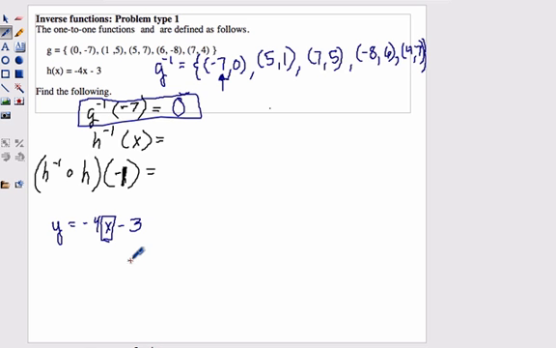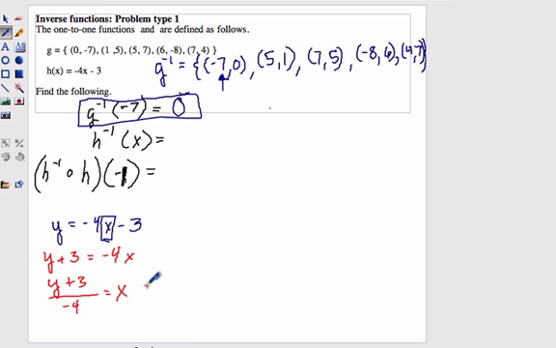I'm just going to put a box around the x to focus us on what we're doing here. We're going to add 3 to both sides. Then we want to get x by itself, so you're going to divide everything by a negative 4. So you get y plus 3 all divided by a negative 4.